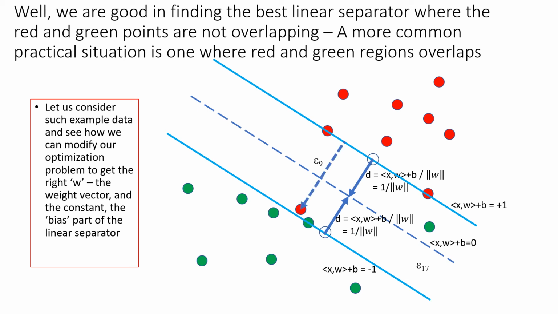But 2 points are errors here, violations here, that is epsilon at the 9th point on the red side, which is starting from the red side as the starting point, the 9th point I added, and then after exhausting the existing green points, I added an additional 17th point on the green side as a violator. Those distances are the errors, error distances, and we use that in the equation to address them. So these are the 2 points that are taken care of in the equation.